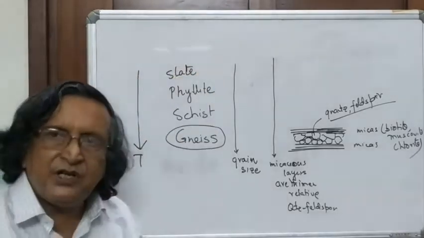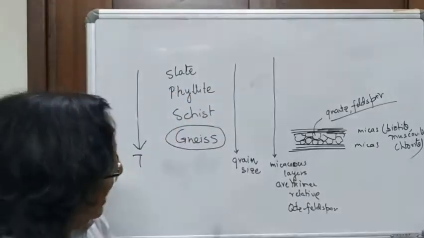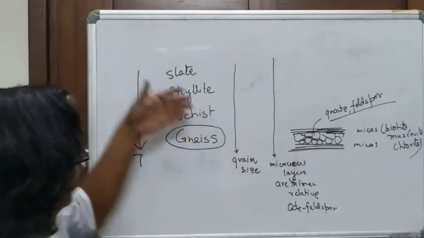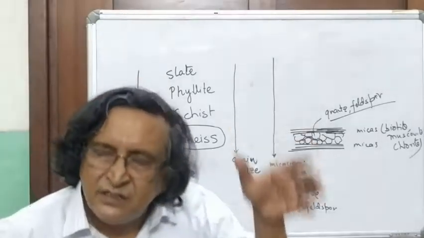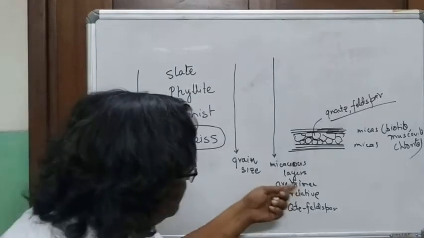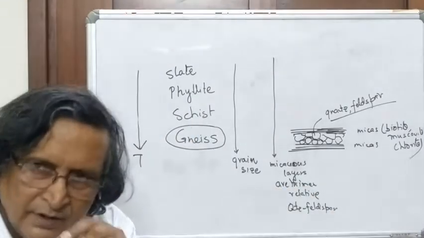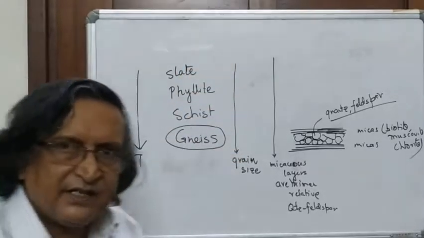Because the temperature increases, rocks grow into larger grain sizes. And micaceous layers, which are dominant in phyllites and schists, become less in the gneisses. So micaceous layers become relatively thinner relative to the quartzo-feldspathic layers in the quartzo-feldspathic gneisses.